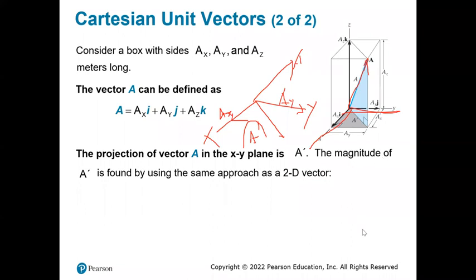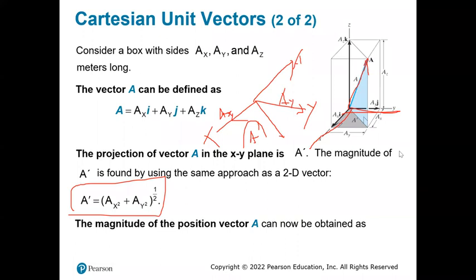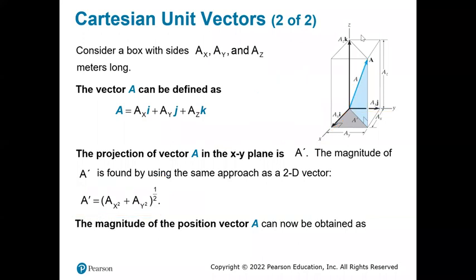So how do we find the magnitude? From the previous lecture, we know we can find the magnitude by getting the square root of the sum of squares. So we get the magnitude of A prime. Now we have vector A and vector A prime. Because of our three components, we have resolved two of them.